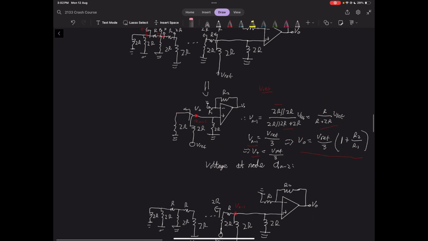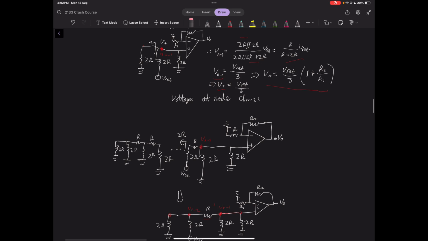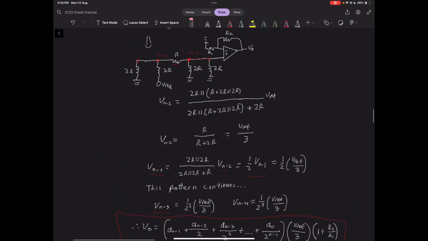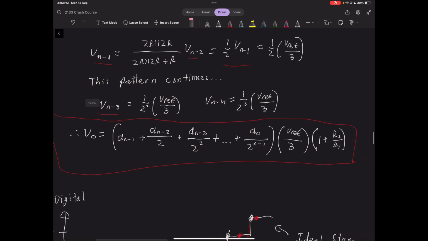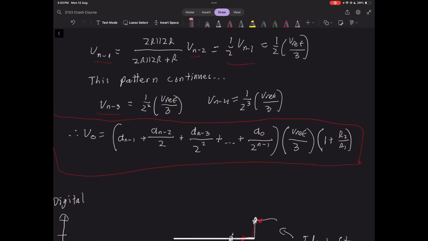So you wouldn't necessarily have to derive this in the exam, but if you wanted to, it's just a lot of voltage dividers. But the final expression comes out to this. So what this is saying is, if this bit here is 1, this will be 1, otherwise it'll be 0 and won't get multiplied at all.